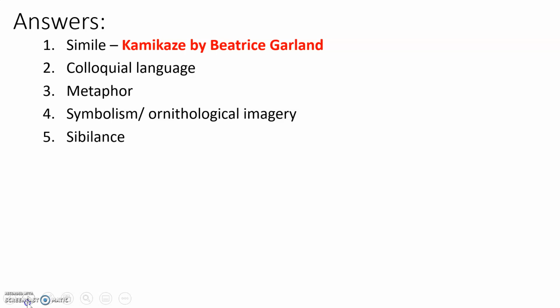Number 5, well done if you got that this was sibilance, a repetition of the S sound. Number 6, alliteration, repetition of the R sound. Number 7, this was a list, so you may have had listing or cataloguing.